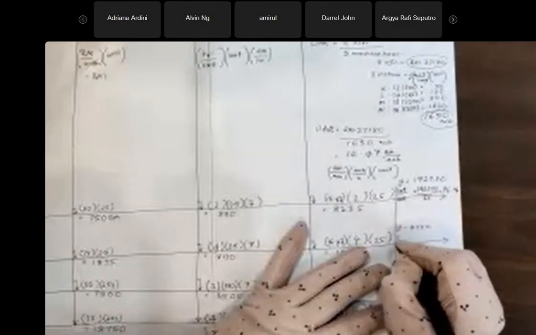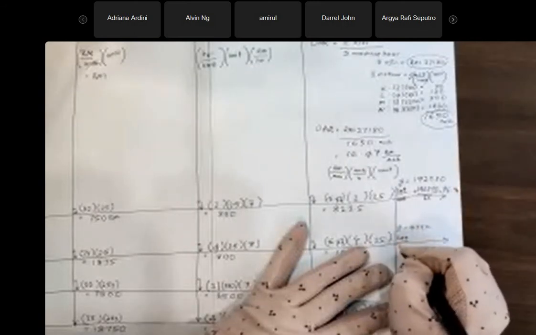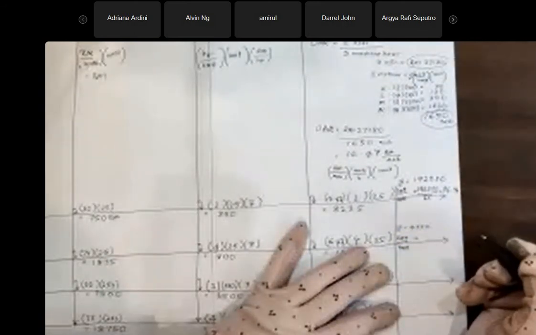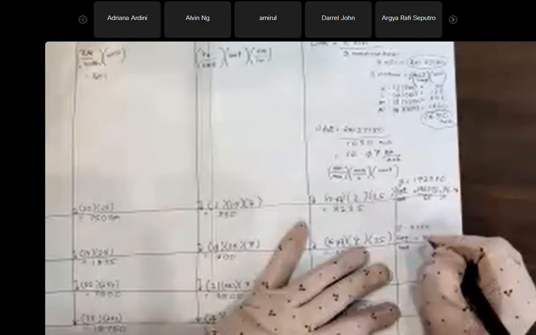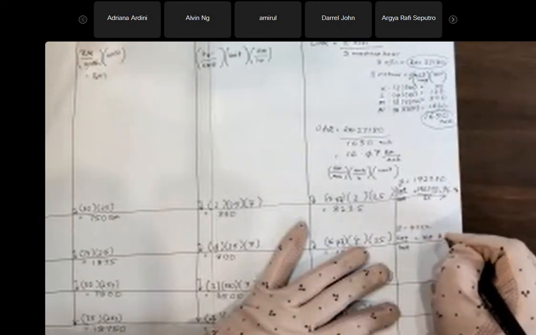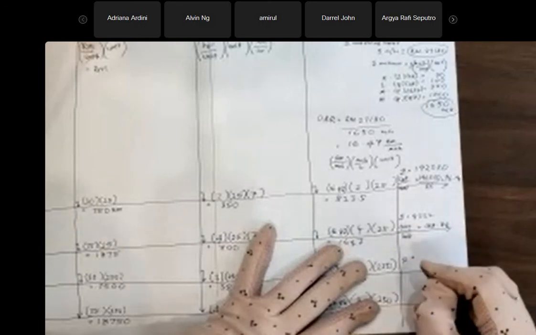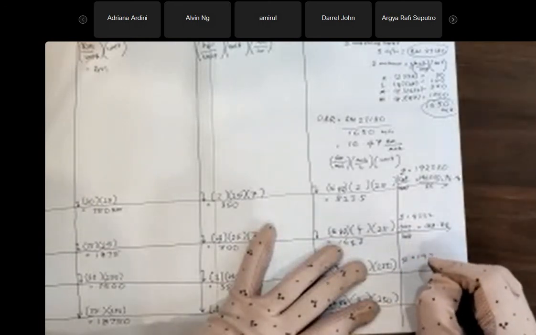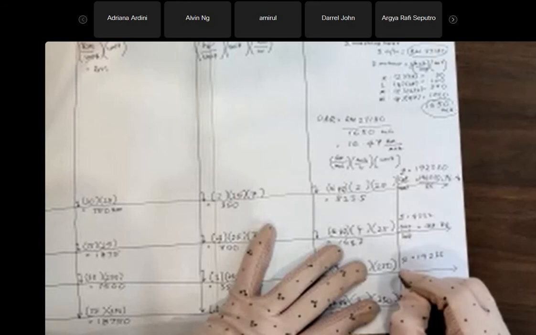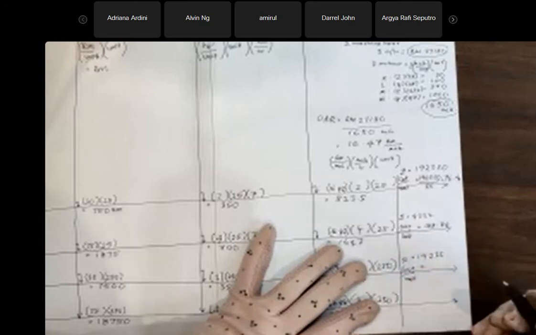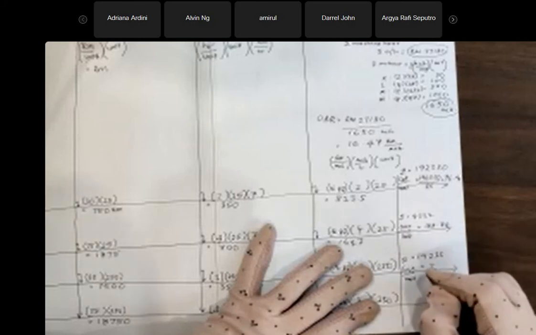For the others, the total is 4222, so the cost per unit is 168.8. This one, the total is 19235, cost per unit is 76.